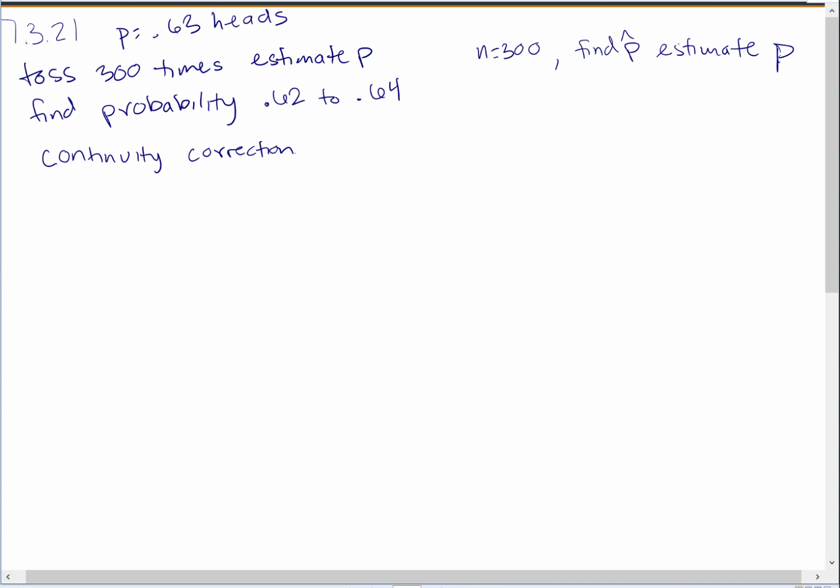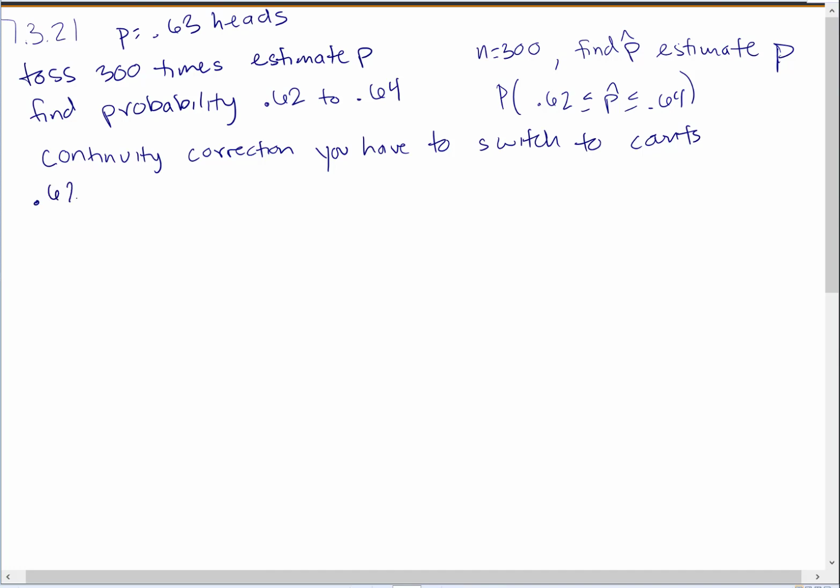So to use your continuity correction, you have to switch to counts, because we haven't figured out a continuity correction that works for proportions. So we were trying to find the probability that P hat is between 0.62 and 0.64. But we're going to have to switch that to counts instead. So let's change these probabilities to counts.